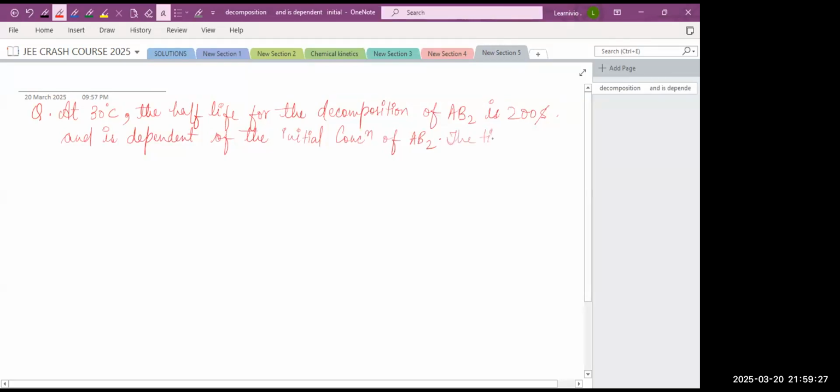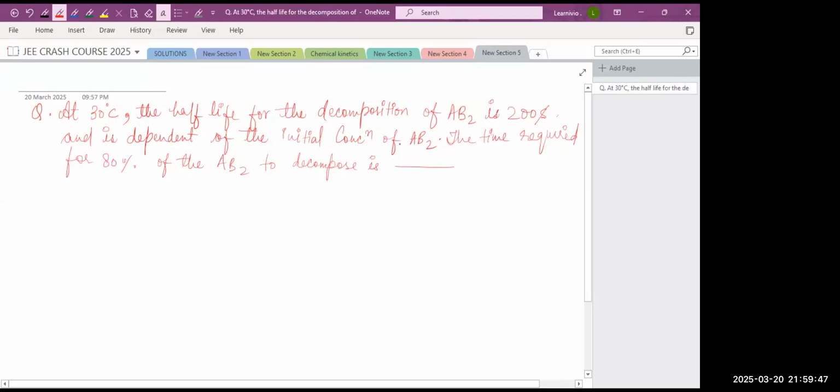So the time required for 80% of the AB2 to decompose is.